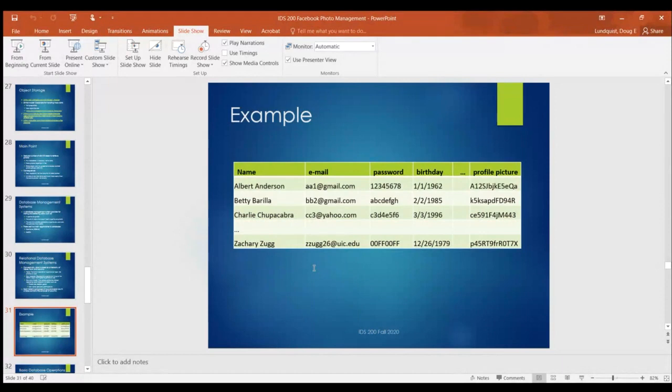So in a relational database, you have a table, and every entry in that table is going to be the same type of thing. Let's say this is a table of system users. Every one of those records, every one of those rows, is a system user, and every one of those system users has the same set of information. They each have an email, a name, a password, a birthday, and a profile picture. Okay, that's the basic structure of relational databases. We'll come back to that.